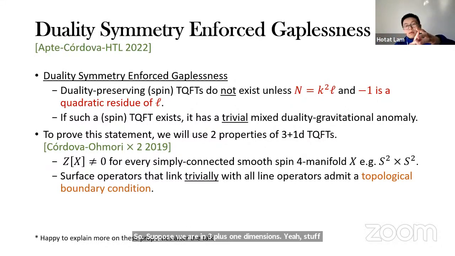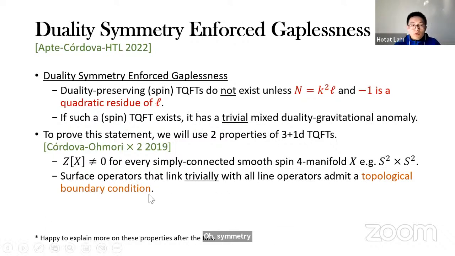But then we can open up the surface operator using the topological boundary conditions, and then we can shrink it. By doing this, we can always unlink a symmetry operator, a surface, from a line. Because of this, surface operators that have topological boundary conditions must link trivially with all the line operators. So this is a trivial statement, but the converse is harder: a surface operator that links trivially with all line operators also admits topological boundary conditions. So these are the two.